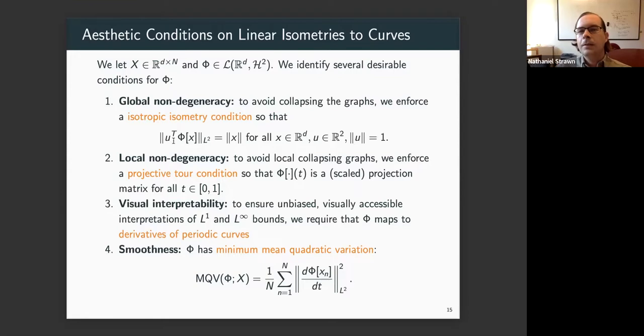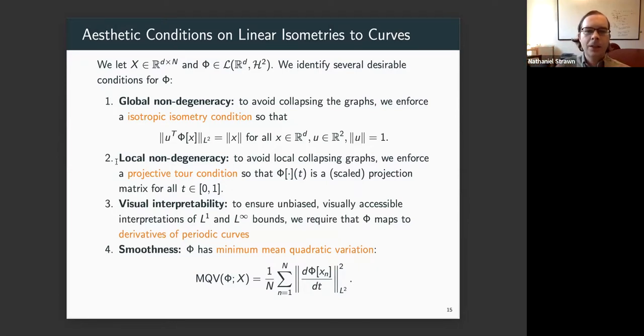So not only is this an isometry, but it's an isometry in every single direction. What does this do? This prevents the functions from getting squashed down into becoming 1D functions. So you truly are filling out your 2-dimensional space.